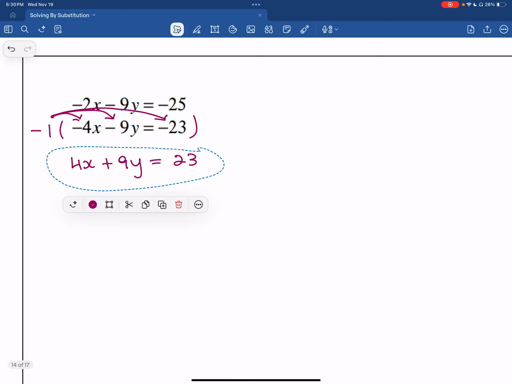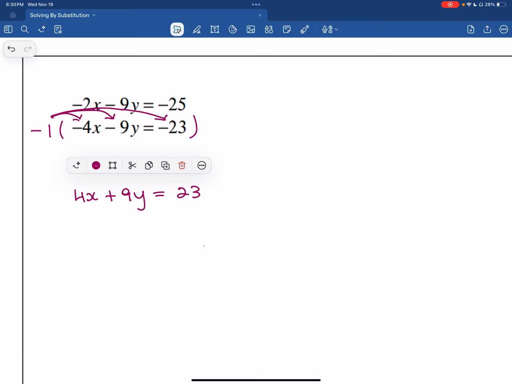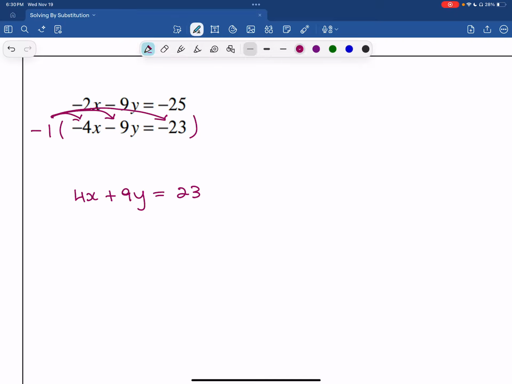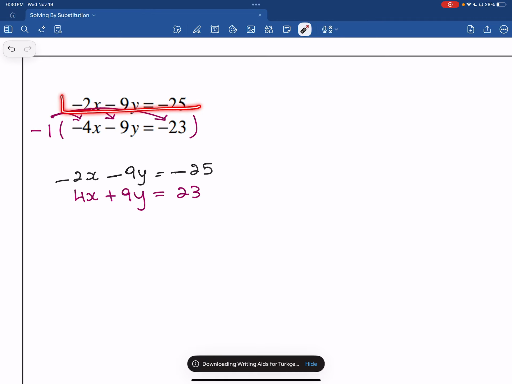Next, I'm just going to rewrite my first equation on top of this. So -2x minus 9y is equal to -25. I just rewrote this first equation on top of the equation that I just solved.